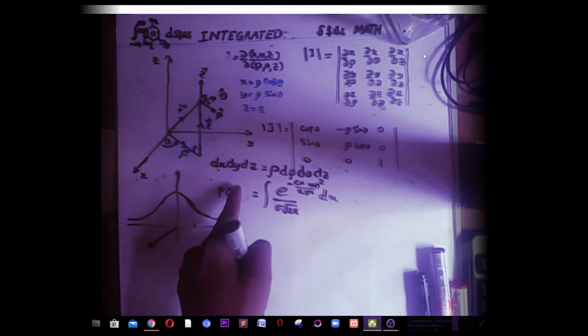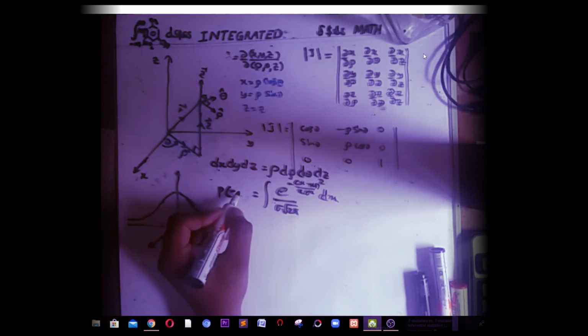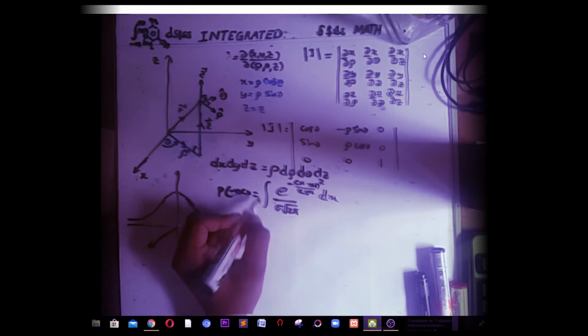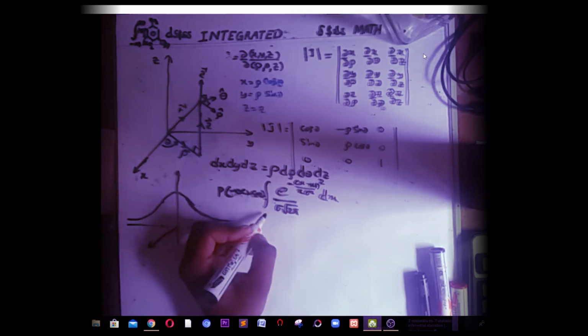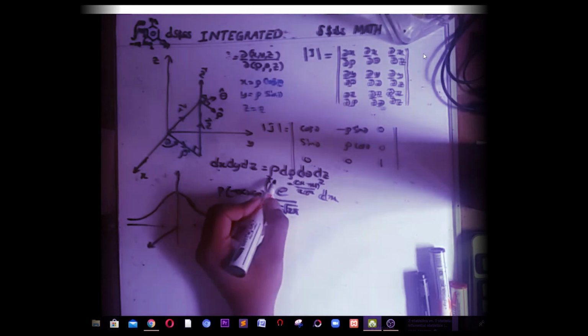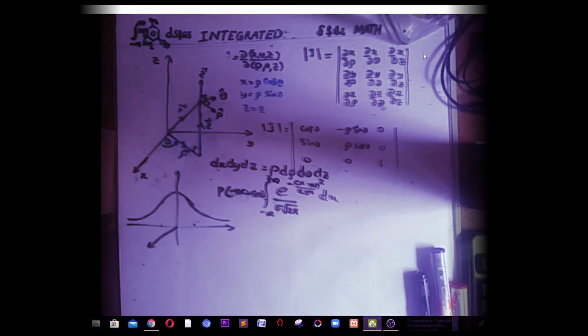It means this should be equal to 1. So how should this integral from minus infinity to plus infinity be evaluated? These types of integrals are called Gaussian integrals, because they are related to the normal distribution.